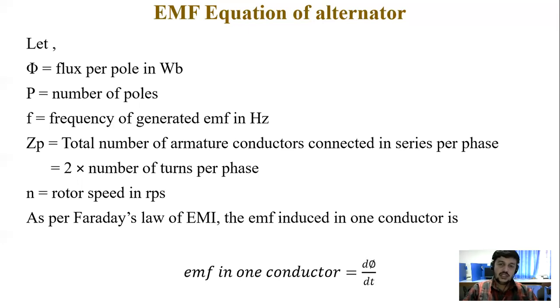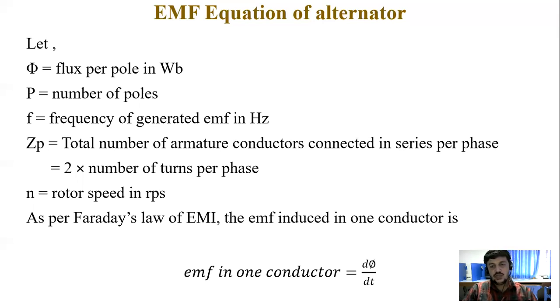Actually, this equation is E equal to minus N d phi by dt, where N is the total number of conductors or total number of turns in the given winding, and that negative sign is due to Lenz's law, because the induced EMF in a winding or conductor generally opposes the cause of its production, that is actually the flux. Therefore, the magnitude is N d phi by dt, and that EMF always opposes the flux which produced it.